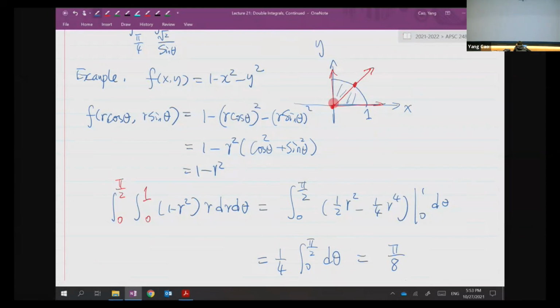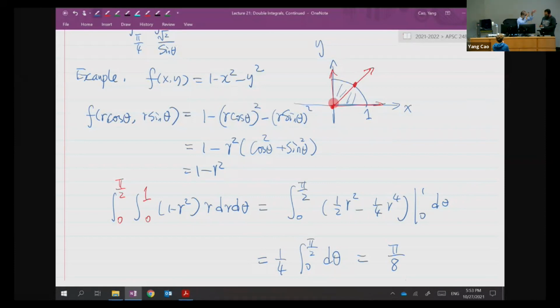Well, first of all, the result is here, right? It has nothing to do with the area of the unit circle. Remember, you're integrating this function over this region R. So in other words, if I relate it to the concept of volume, this function is on top of this.